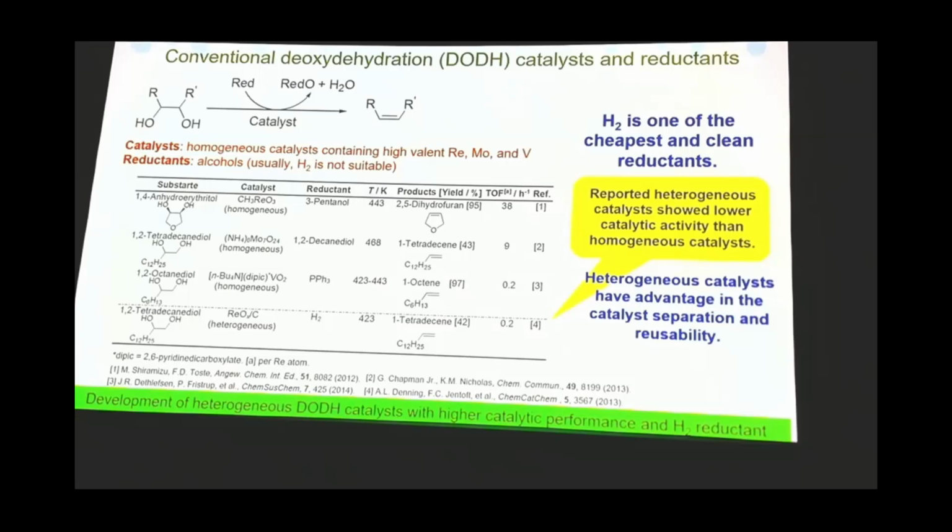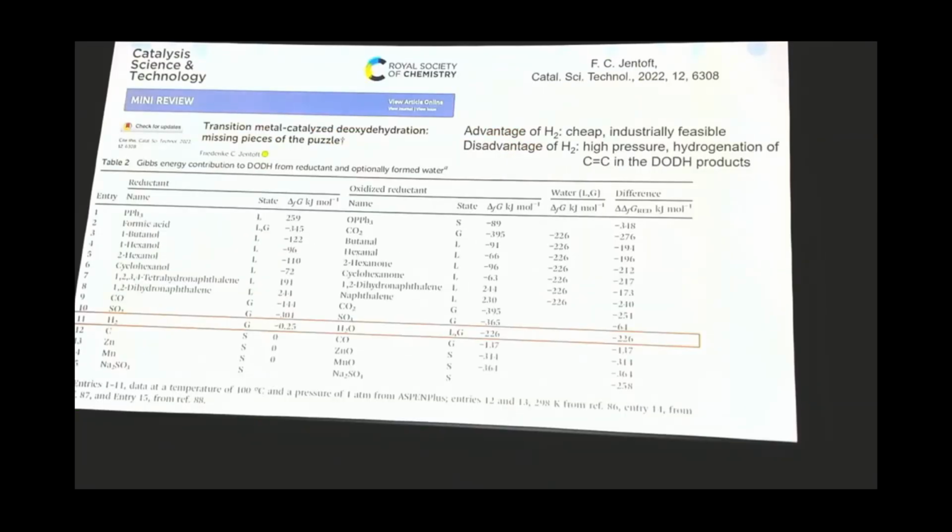As you know, heterogeneous catalysts have advantages in catalyst separation and reusability. And hydrogen is one of the cheapest and cleanest reductants. So, development of a heterogeneous DODH catalyst with higher catalytic performance and H2 reductant.